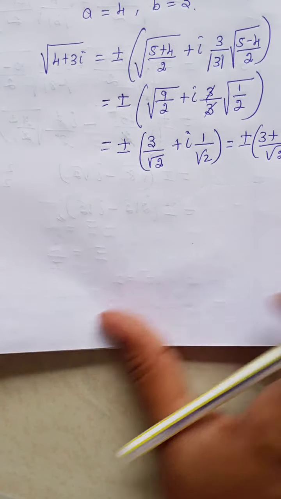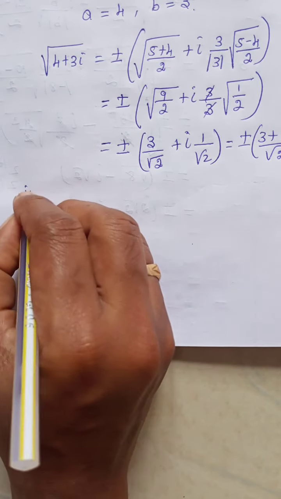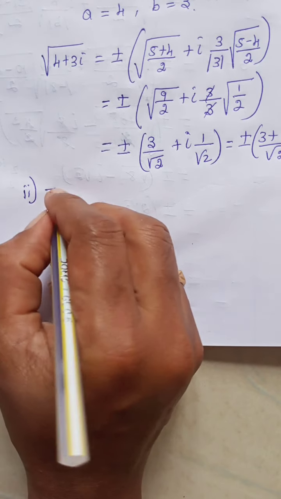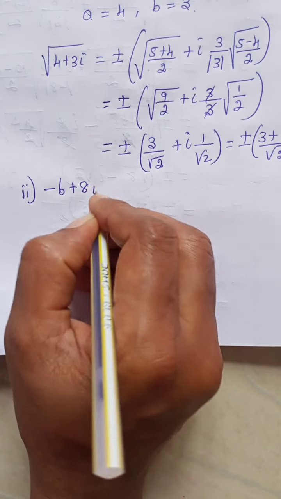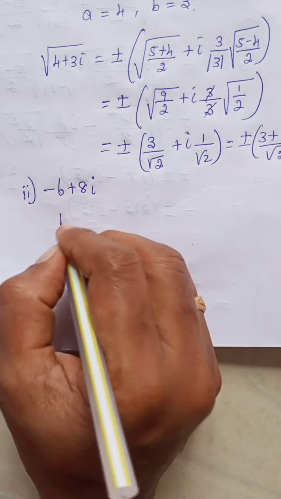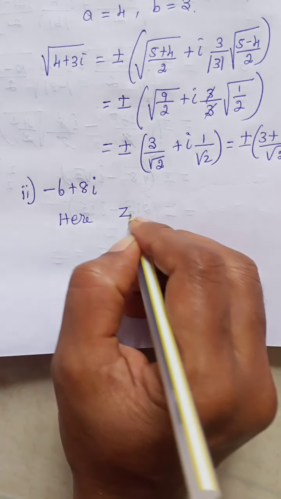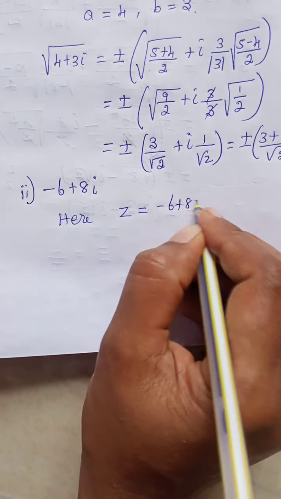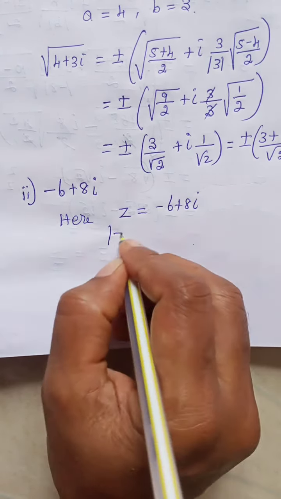Is that clear? Now, the second subdivision is minus 6 plus 8i. Here, z equal to minus 6 plus 8i, modulus z equal to the root of minus 6 the whole square plus 8 square.